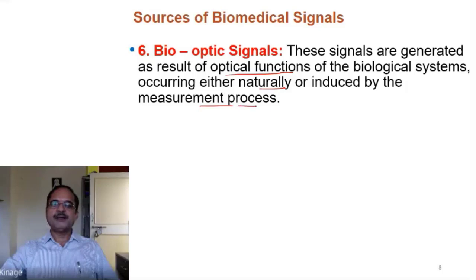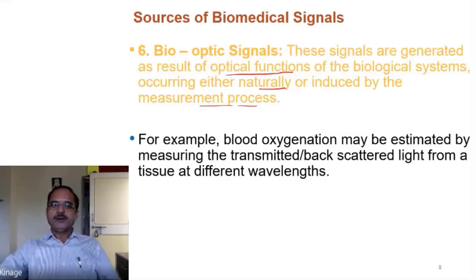That means some external stimulation might be given to our eye, like a sudden flash of light, and because of that flash of light, the optic signal which is produced can be measured. Examples of these types of signals are blood oxygenation.